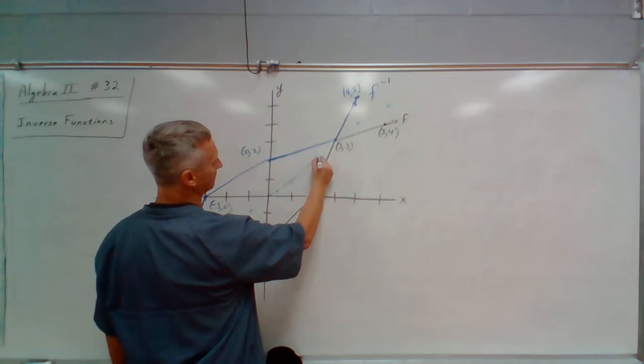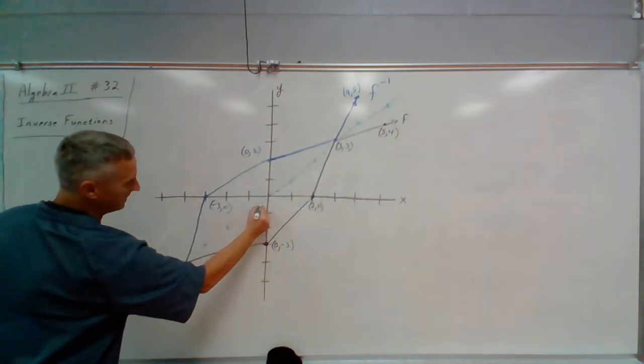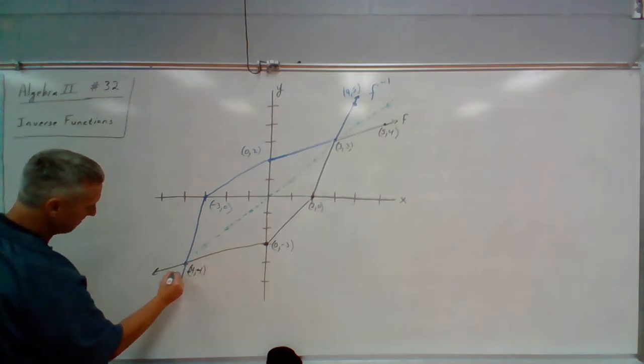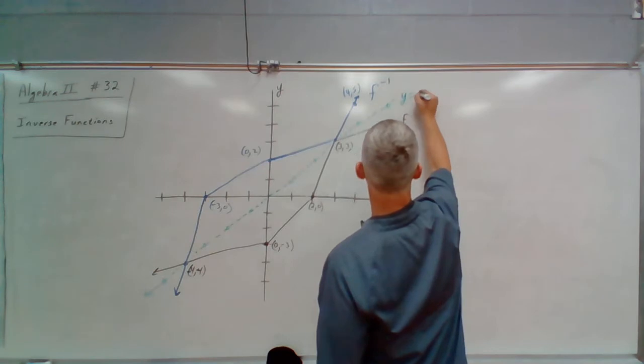I'm going to draw a dotted line because this line is not really part of the graph. It's just something to help us. This is the line y equals x.